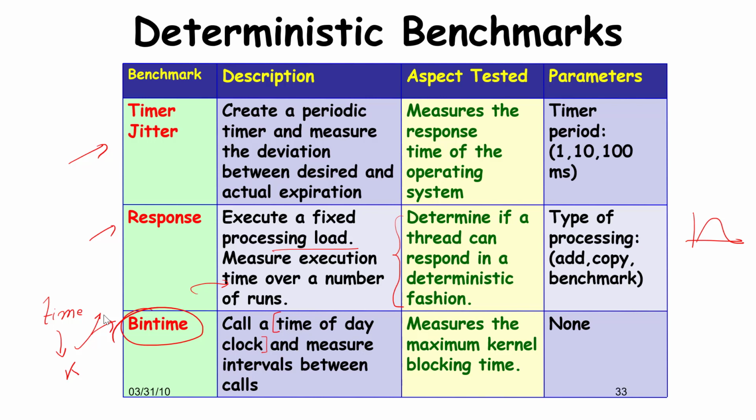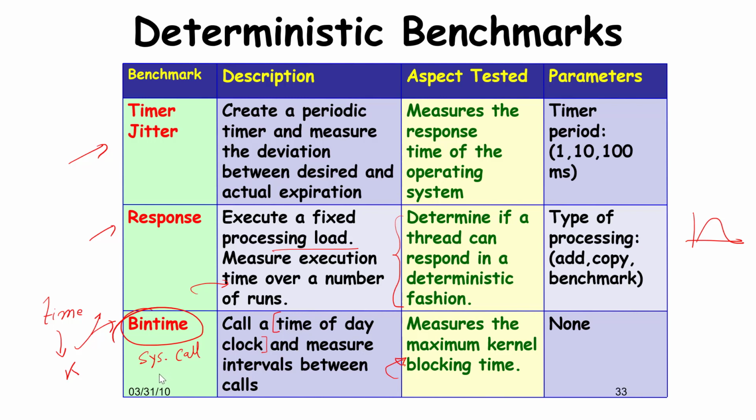So if you, let's say, call the time of day clock repeatedly where the interval is known, or you are measuring it with a separate external clock, you can figure out how much is the kernel blocking you, in the sense how much of its own work is it scheduling, and how much of jitter is that causing from an application standpoint, right? So you can think of this as more as the system call response, right? So this can be called as a syscall response broadly. It's a proxy for that.